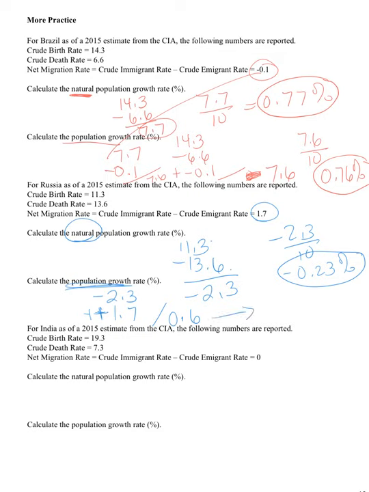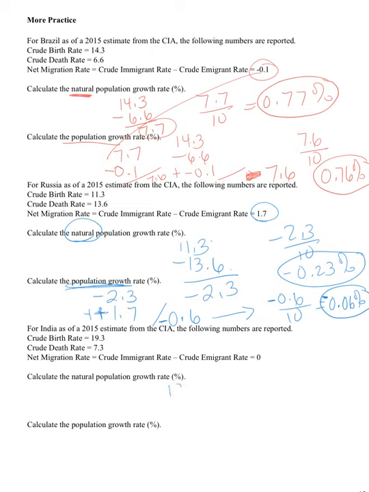Even though it's a decimal, I still have to divide by 10. So I get 0.06%. So my population, because of immigration, is actually holding fairly stable. My answer for that one was negative, so it should be a negative in there, negative 0.06%. So you've got to be paying very close attention to those signs.